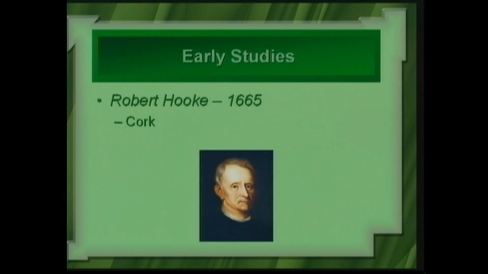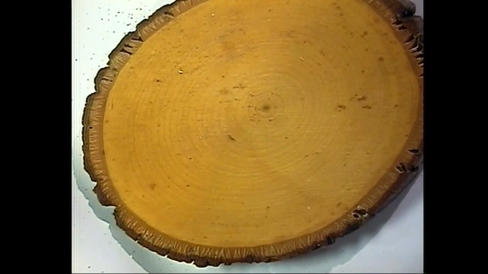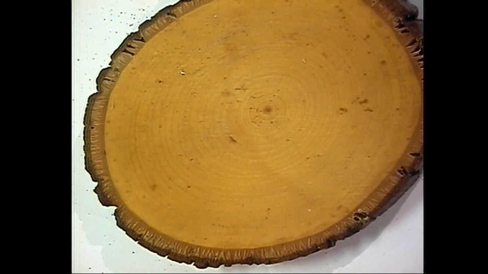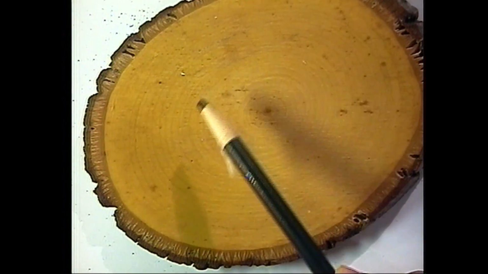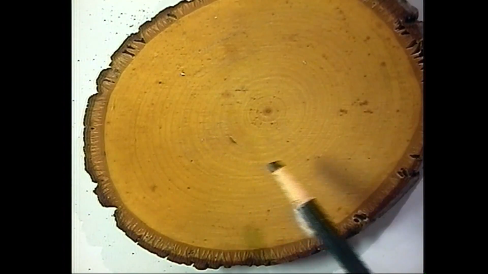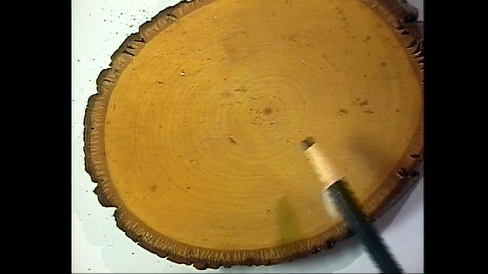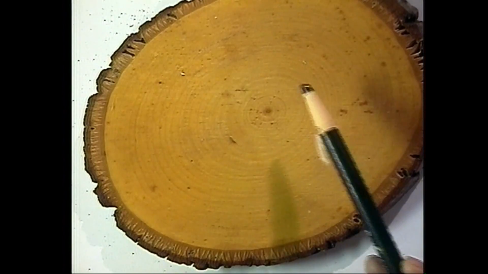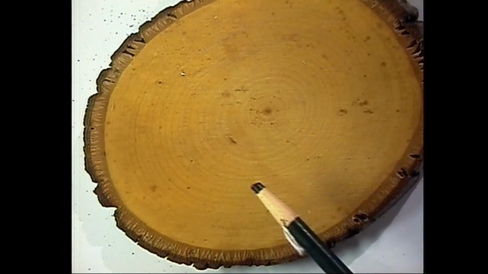If we can actually look under the Elmo here, what you can see is a cross section of a woody plant. What are the things you see here? For one thing, this is the wood of the plant. Later on, we're going to find out that this wood is or was the water conduction part of the plant called the xylem.